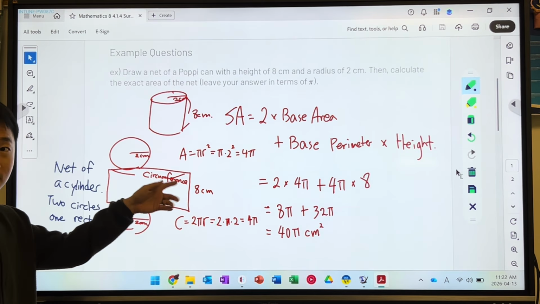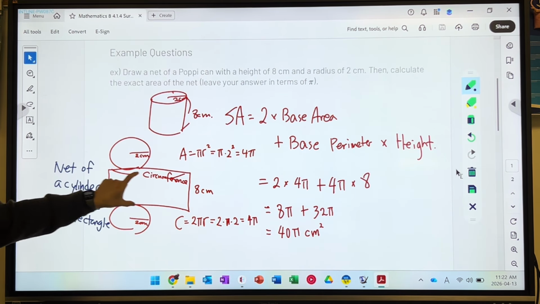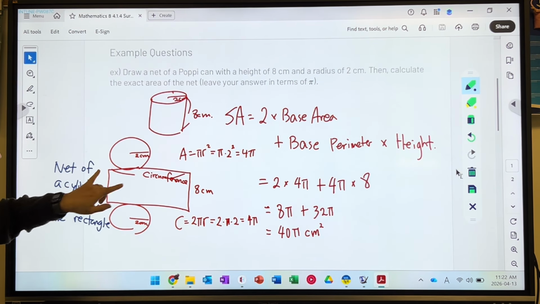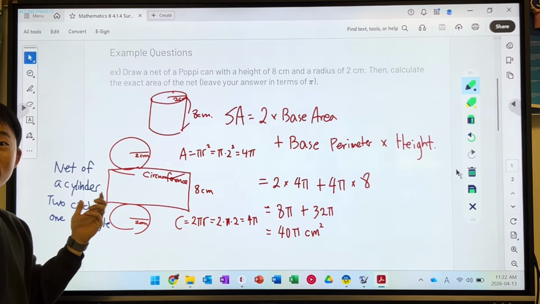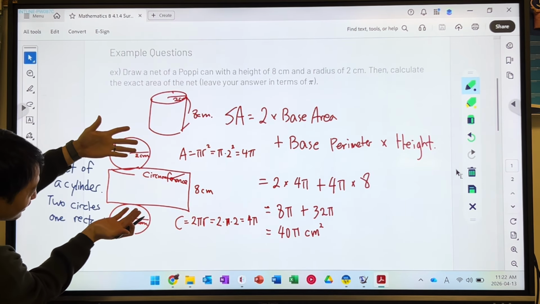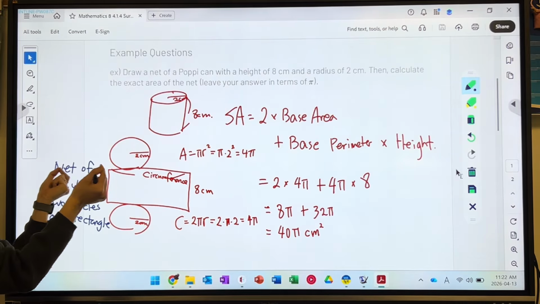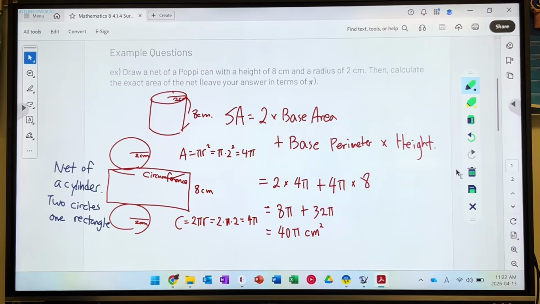The 1 rectangle is the entire side face around, which has the length from the height of the cylinder and the width as the circumference of a circle. You can imagine that if I put the circles up like this, my rectangle wraps around the circle.